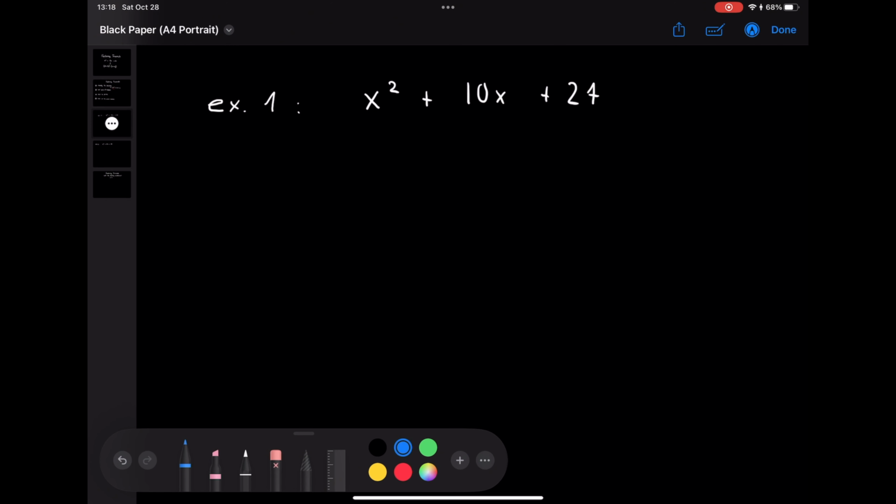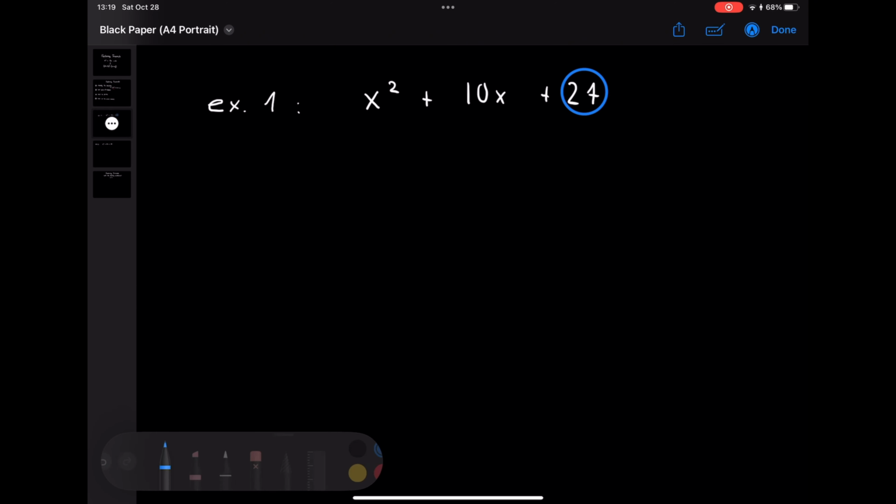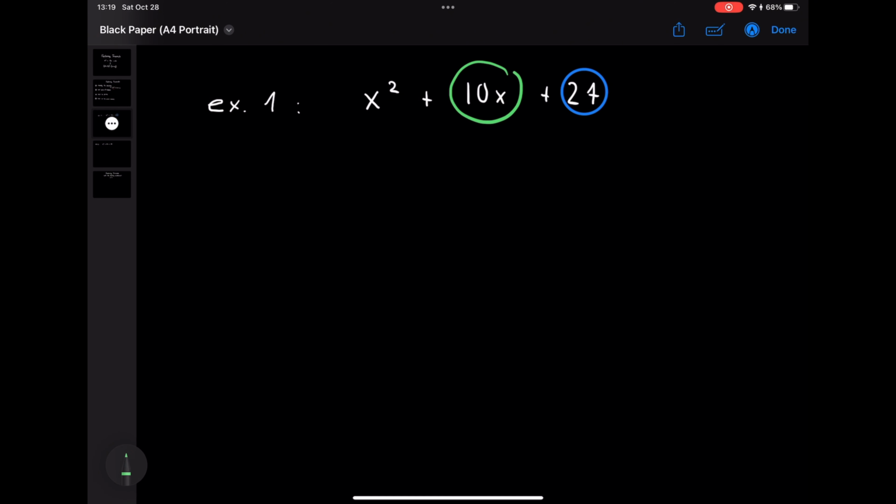So first we look at the c. The c in this instance is 24. What you basically have to do is find two numbers which multiply to make 24, but add to make 10.